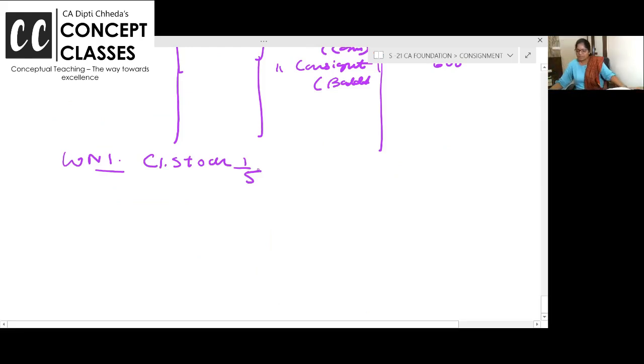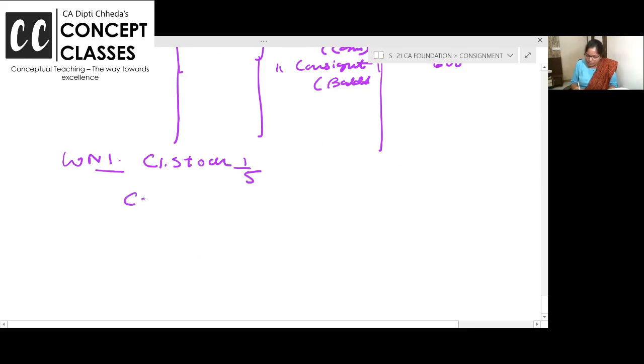You should be able to work out 1/5 of the goods. 4/5 are sold by the consignee. They will give 1/5, 4/5, or the number of units. Somehow you should know.